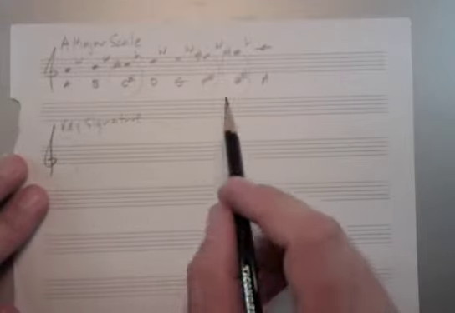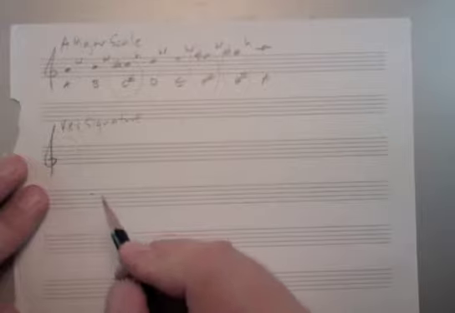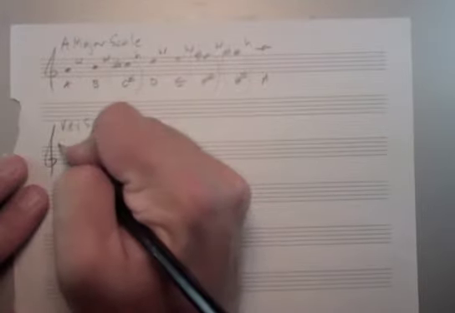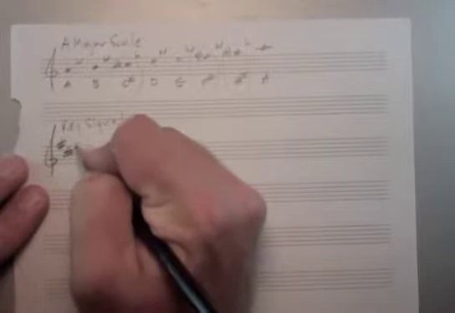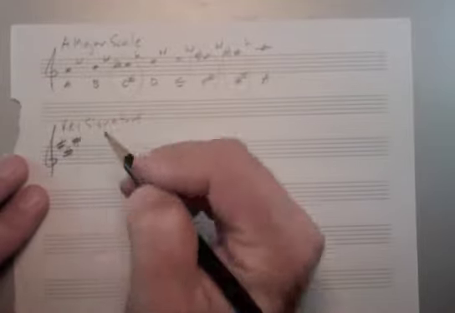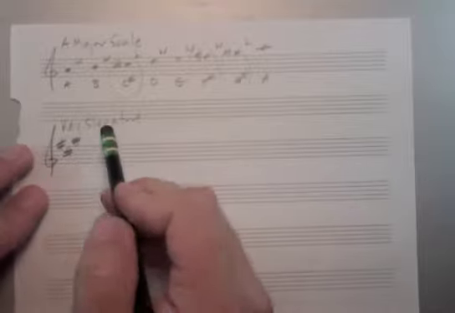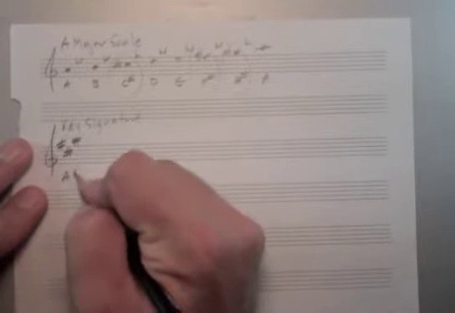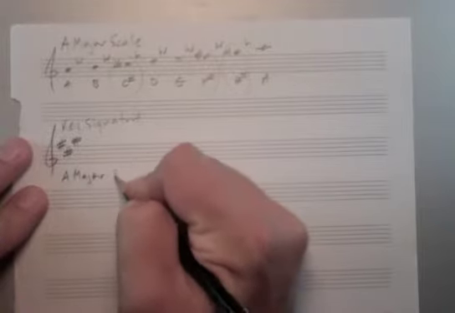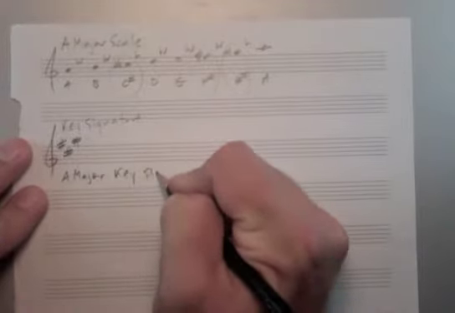If I organize those sharps into a key signature for A, I'm going to start with the F sharp, then the C sharp, and then the G sharp. And this is our A major key signature.